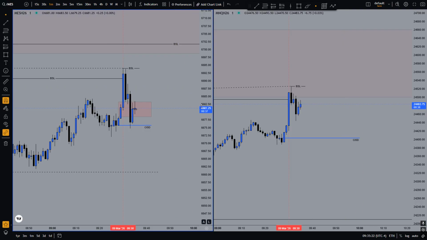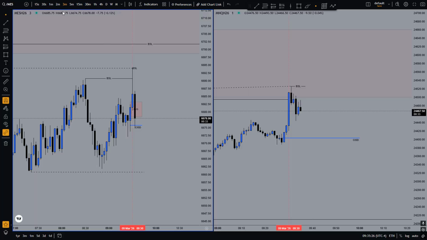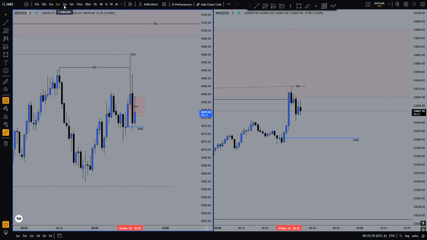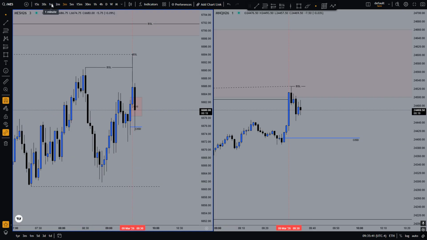Should be patient though. We got the 1-minute, the 2-minute, and the 3-minute closing all here. So just see what we do. The small 3-minute inverse. 17 seconds.